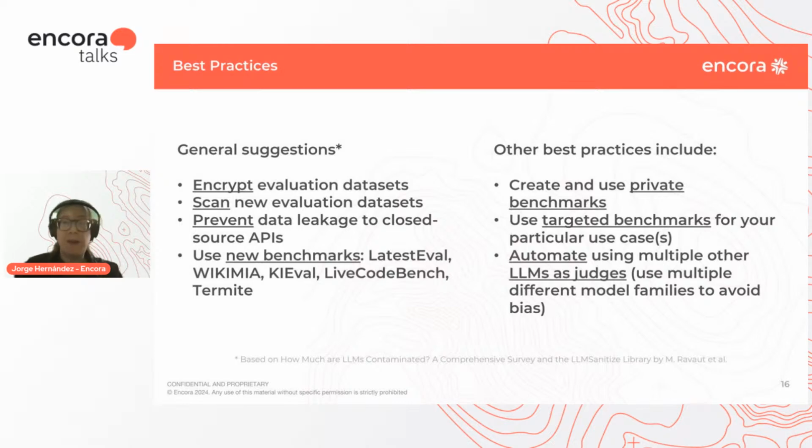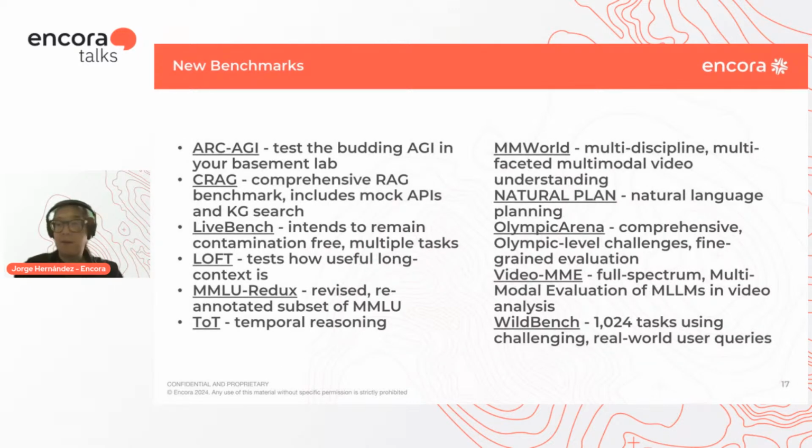They are not all OpenAI. They are not all Anthropic. They are not all Cohere, because those families share biases. So you want to be able to catch those biases in the evaluation, and using the same model family will not work.